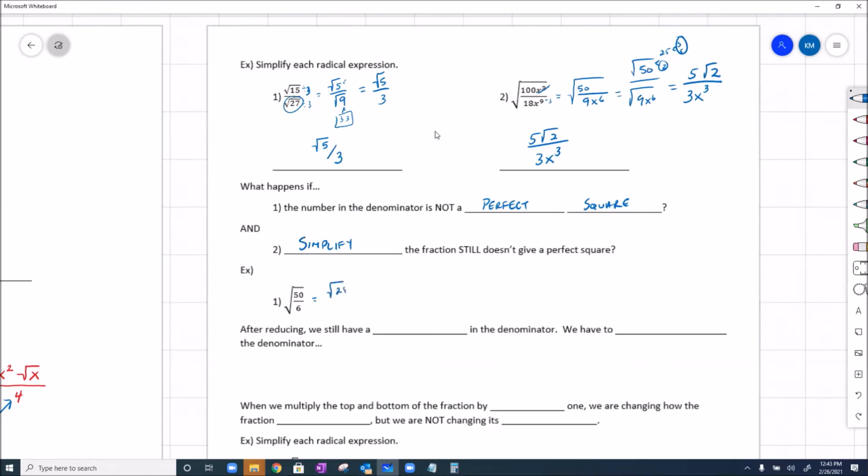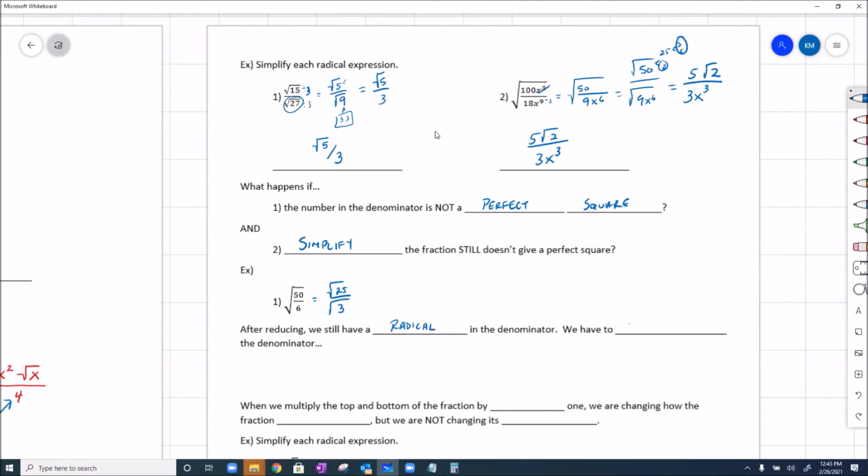So then we get radical 25 over radical 3. And the numerator is a perfect square, but really remember, that's not what we're searching for. We want our denominator not to be a radical, because if we have a radical in the denominator, we can't write it as a final answer. So after reducing, we still have a radical in the denominator.